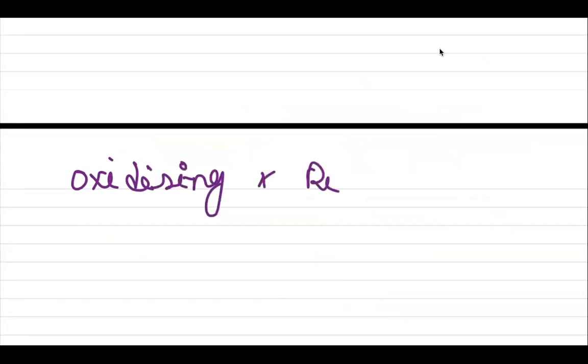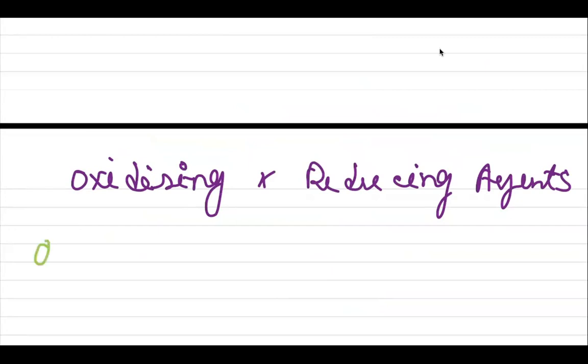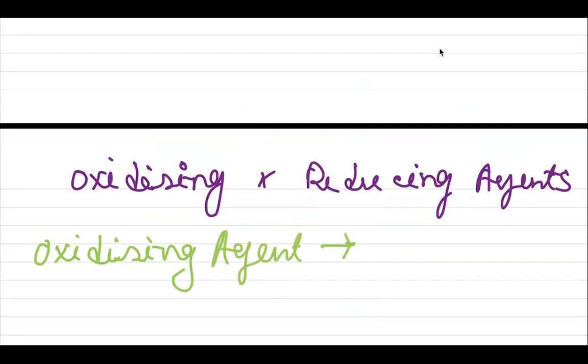Now, one more very important topic: oxidizing agent and reducing agent. So what is an oxidizing agent? The substance which undergoes reduction.